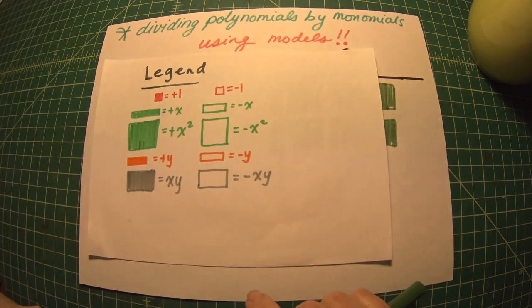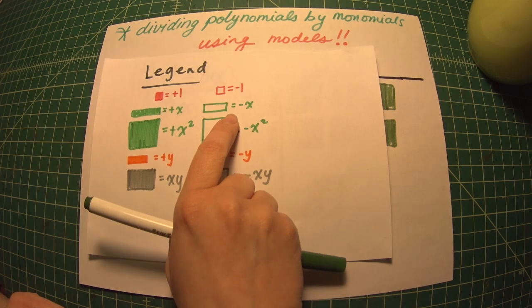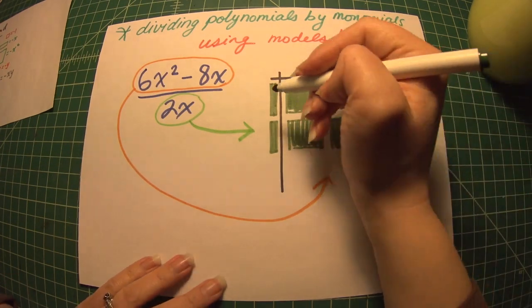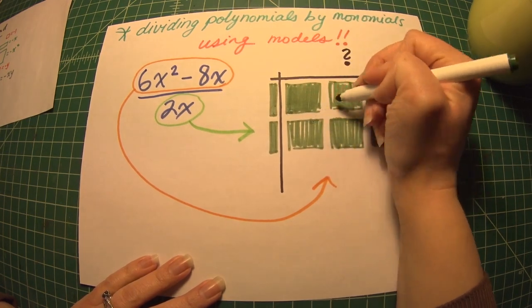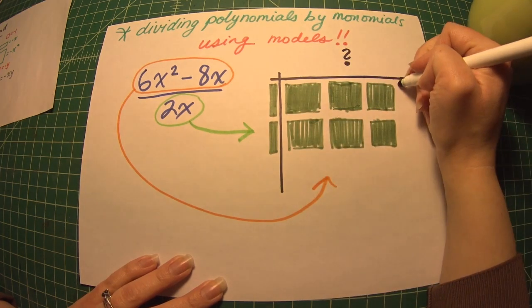So I've got to look for my negative x's. So that's the reverse side of the positive x's, these white ones here. So I need to draw out 8 of those. And again, they have to be in line with the 2 on the side.